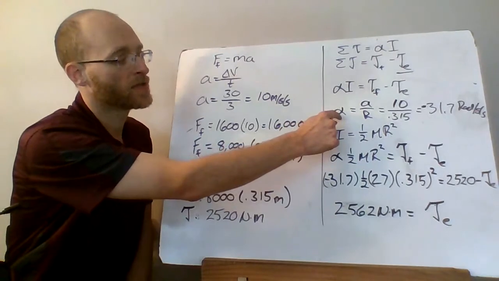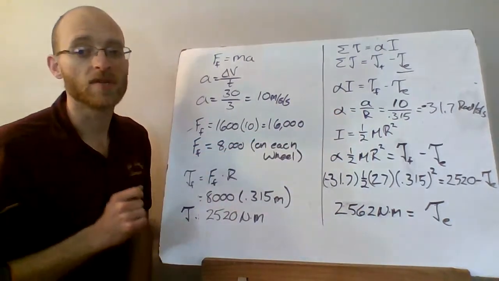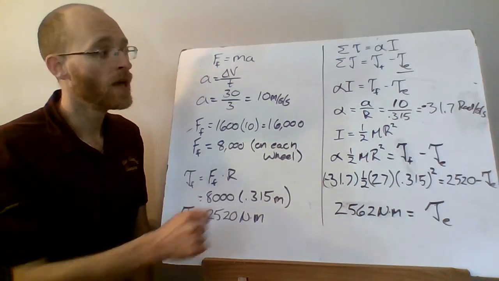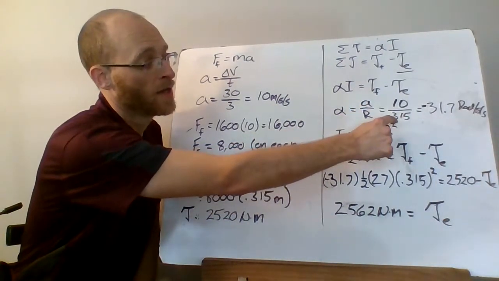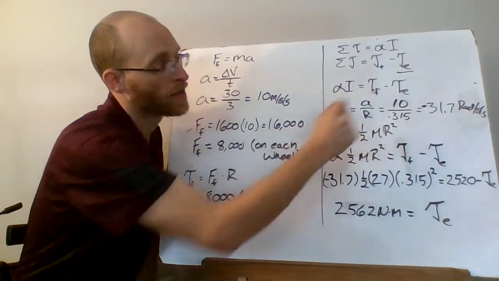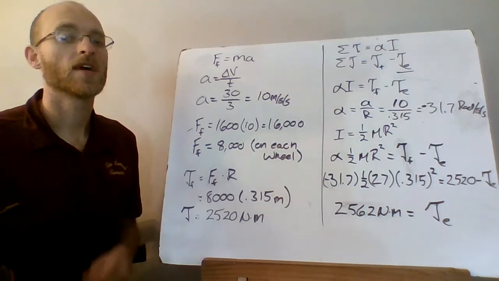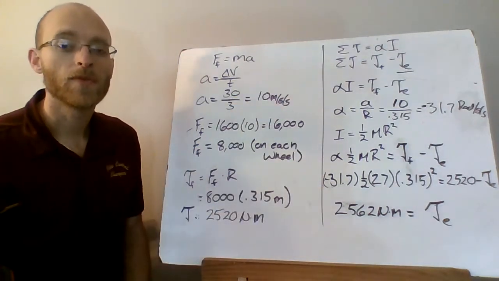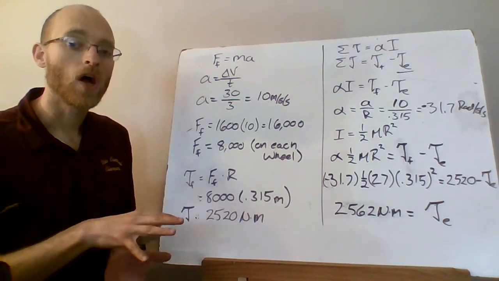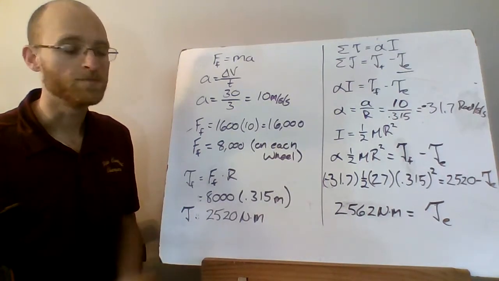And so I can use that alpha equals linear acceleration over the radius to give me my angular acceleration. And so plugging in the 10 and the 0.315, again, meters, convert it, and I get 31.7 radians per second squared. Notice I snuck a little negative sign up there because that is a counterclockwise acceleration, which means it's in the negative direction.